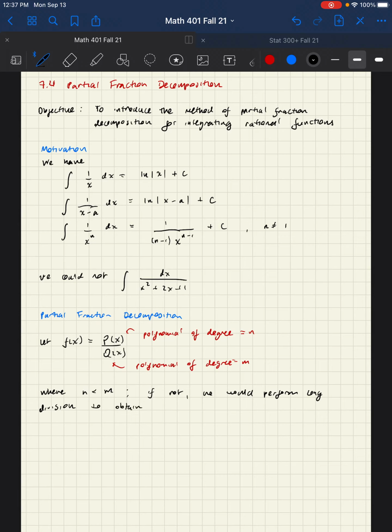In that case, we would have something that looks more like this: some capital S of x plus some capital P prime of x over Q of x, where now the degree of this is less than the degree of Q. This is the same Q, by the way, and this is another polynomial.